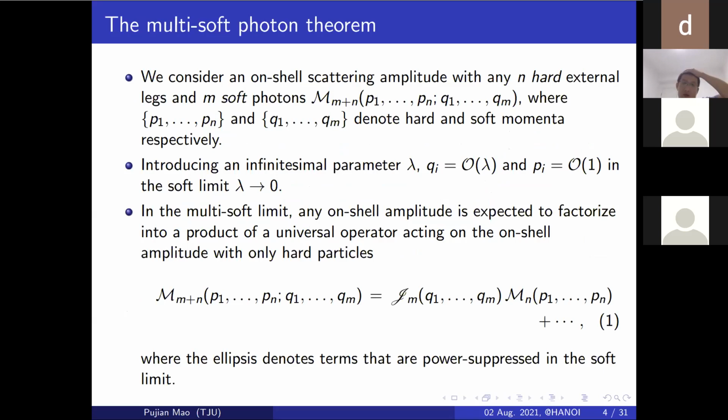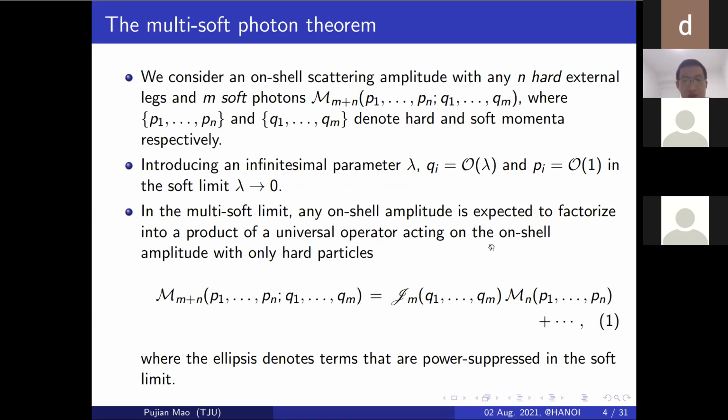Okay, now I want to introduce some notation for the computation of the multi-soft photon theorem. We consider an on-shell scattering amplitude with n hard external lines and m soft photons.